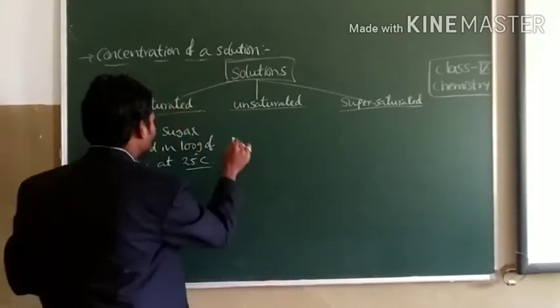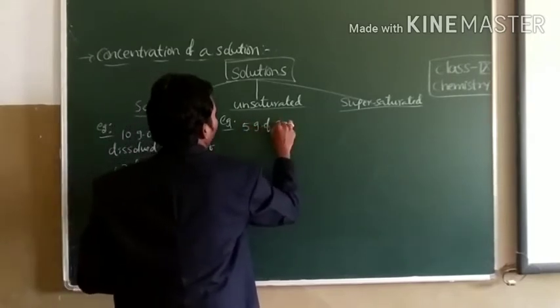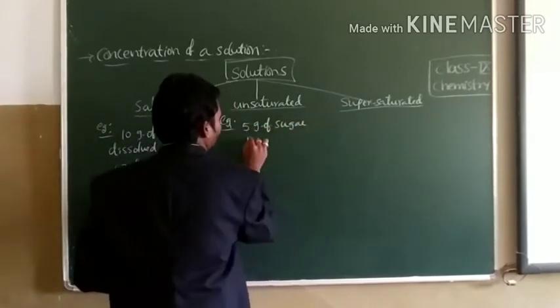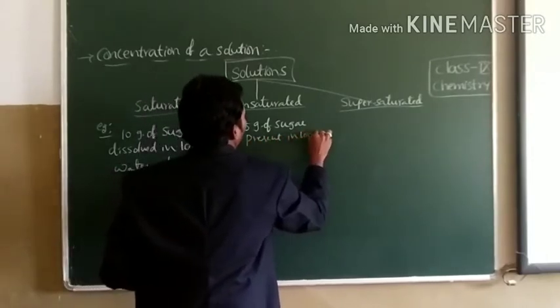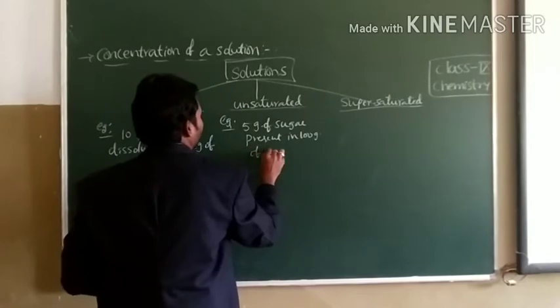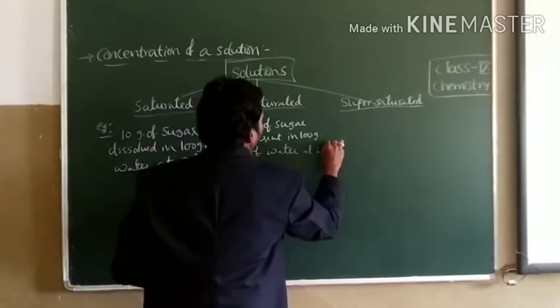For example, 5 grams of sugar present in 100 grams of water at 25 degrees Celsius.